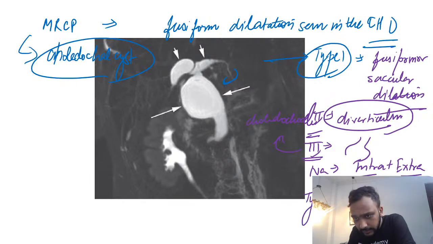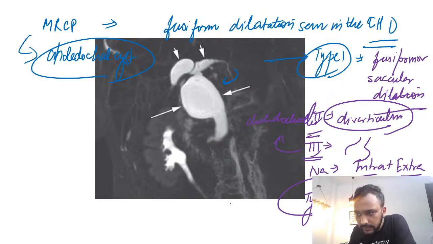In type 4b, there is dilatation of just the extrahepatic biliary system.